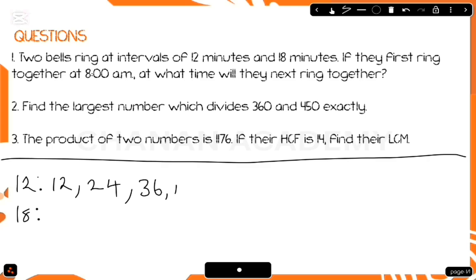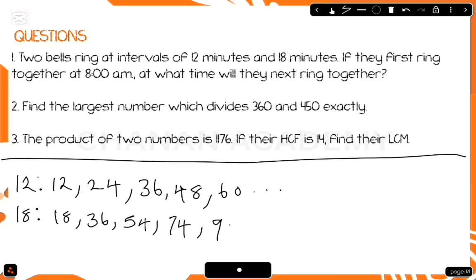The multiples of 12 are 12, 24, 36, 48, 60, and so on. The multiples of 18 are 18, 36, 54, 72, 90, and so on.